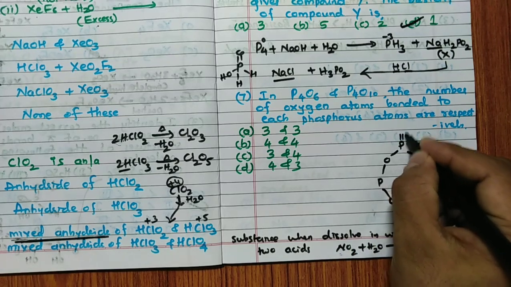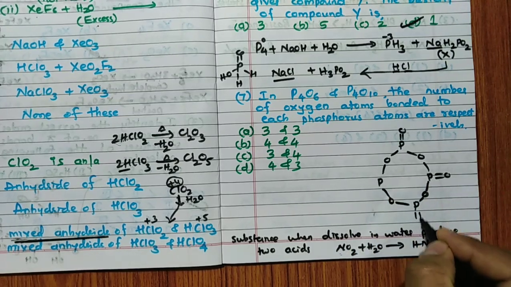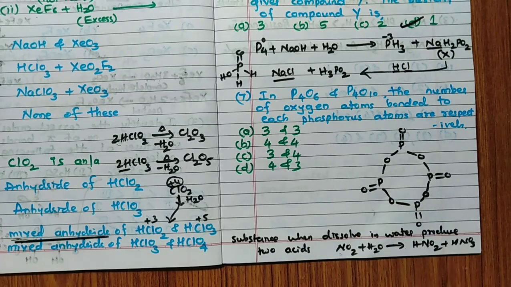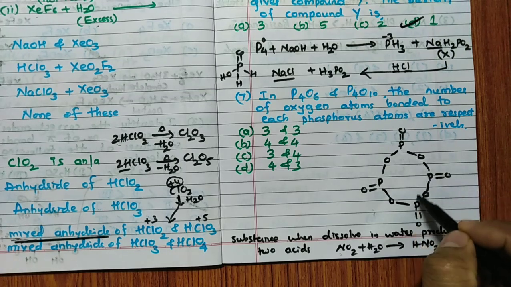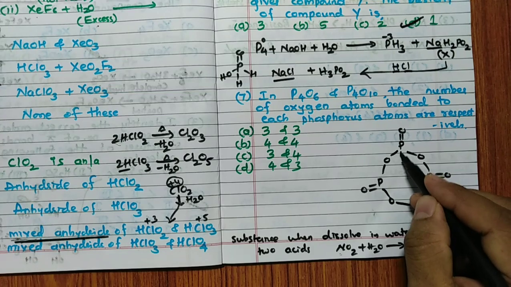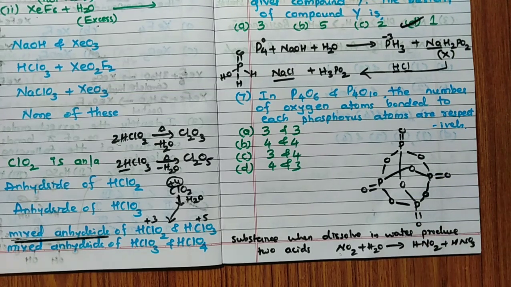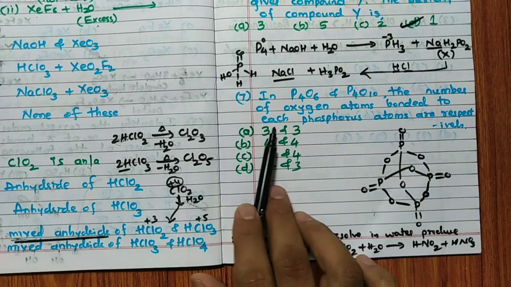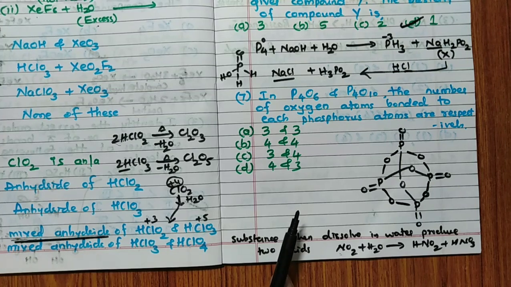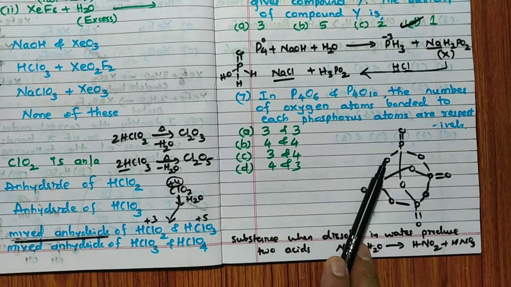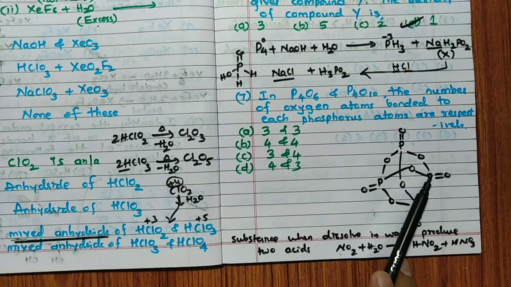Then remember, one double bond O each in the P4O10 case. Two oxygens are left, how do you draw them? Remember, from this, opposite, you have to draw one bond. Then this opposite and opposite, one bond. So in the total P4O10 structure, the number of oxygen atoms bonded to each phosphorus atom is 1, 2, 3, 4. Each phosphorus has 4.